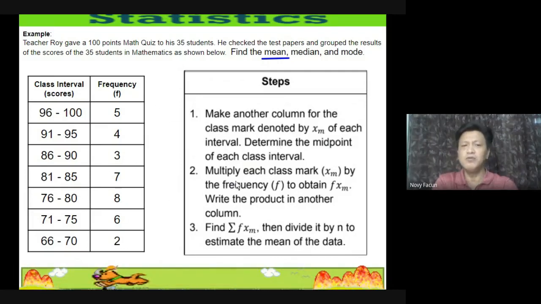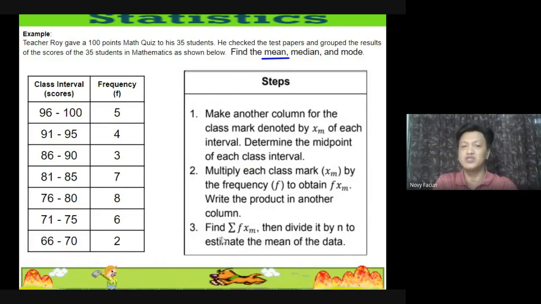And then, step 2, multiply each class mark, yung xm natin, by the frequency, yun yung f, to obtain the product, yun yung f times xm. Write the product in another column. So, magkakaroon tayo ng 4 columns dyan. And then, step 3, find the summation of the product of the frequency and the class mark, yun yung fxm.